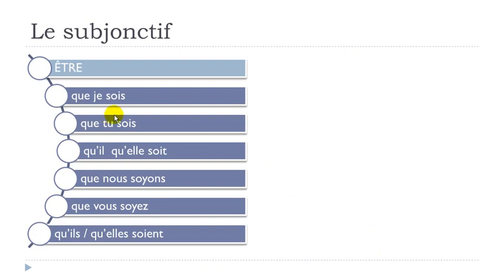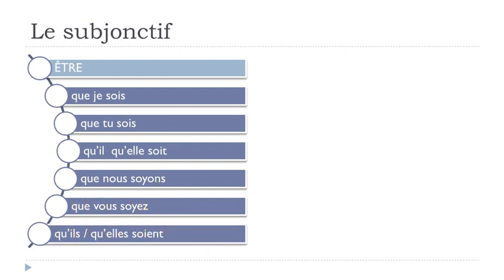As usual, the good news is that sois and soit are written differently, but you pronounce them the same way. And then soyons for nous, soyez for vous. So I repeat: que je sois, que tu sois, qu'il soit, que nous soyons, que vous soyez.